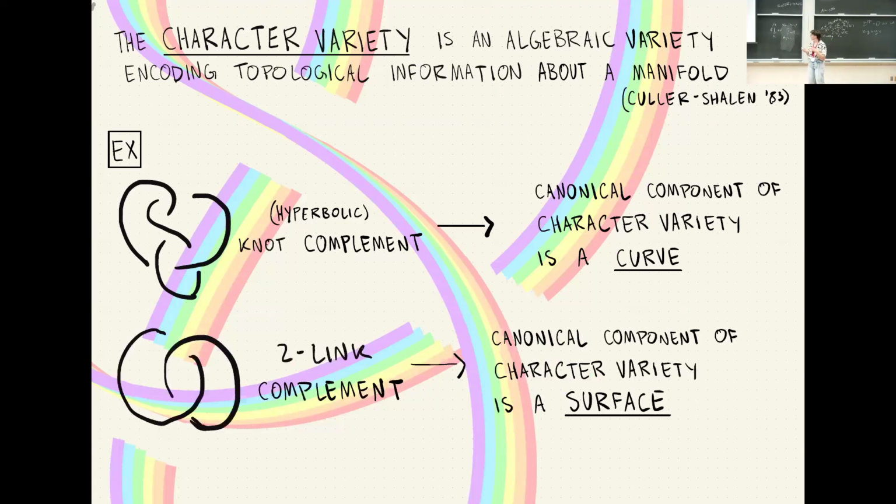On the other hand, if we instead take a two-link complement, so instead of taking one knot out of S3, we link two knots together and cut both of them out of S3, that's also a manifold, and we'll now get a canonical component of the character variety that's a surface. So you can think of the number of components that you're removing from S3 as corresponding to the dimension of a component of this variety, which is pretty cool.